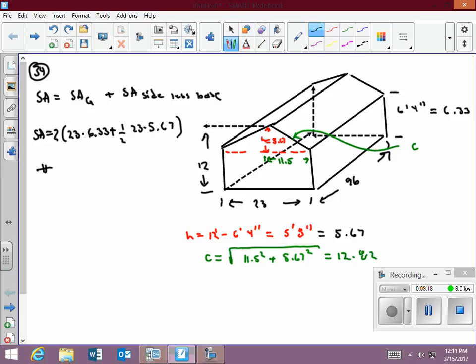So the perimeter is going to be 2 times that 12.82 plus, and then there's two sides, 6.33, and that's times the height, 96. Now that's saying that it's not including the floor of the building. That should be the surface area.